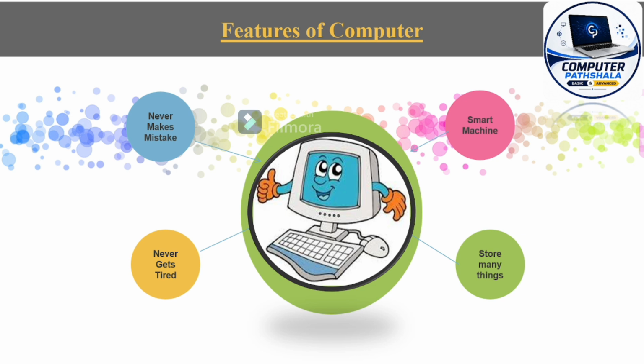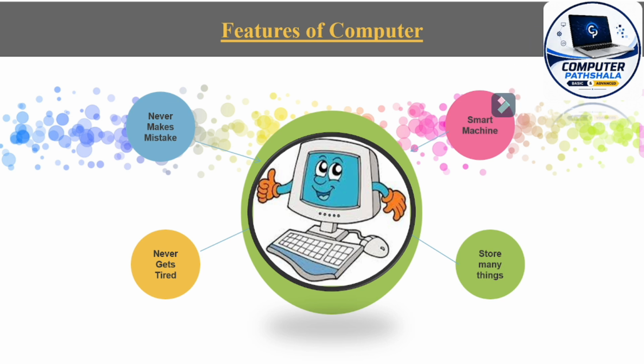These are accurate results. As we are saying, a computer never makes mistakes. A computer is a storage device. It can also store a large amount of information. That means if you want to store anything, you can use the computer to store it.